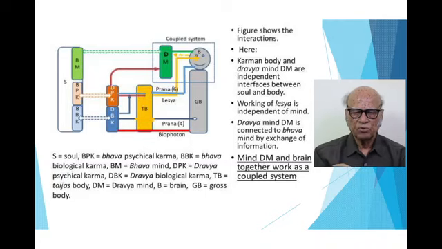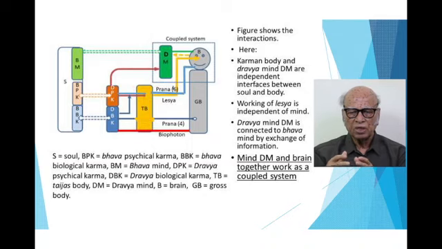There is a flow of information from dravya mind to brain and vice versa. The top line there shows that. Then I have also shown a yellow dotted line in between, and this shows that the leshyas, which are otherwise independent of mind, do influence our mind.